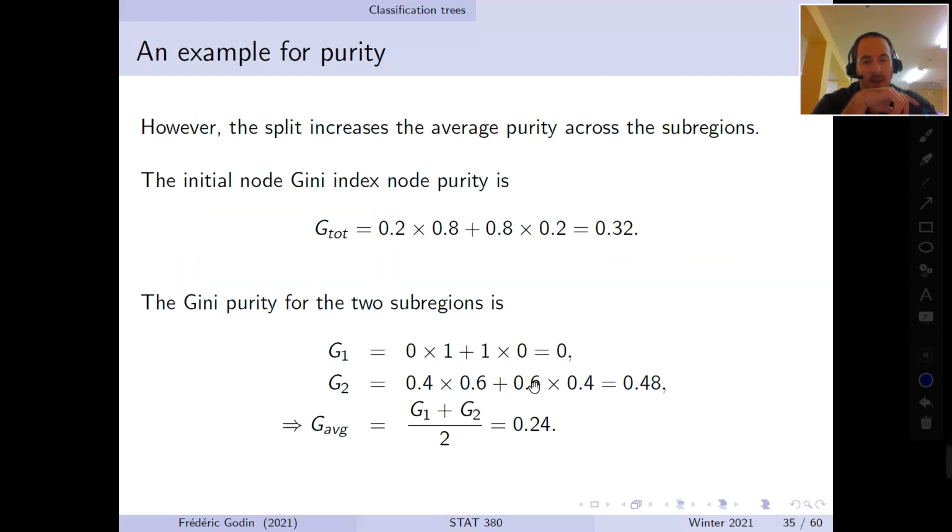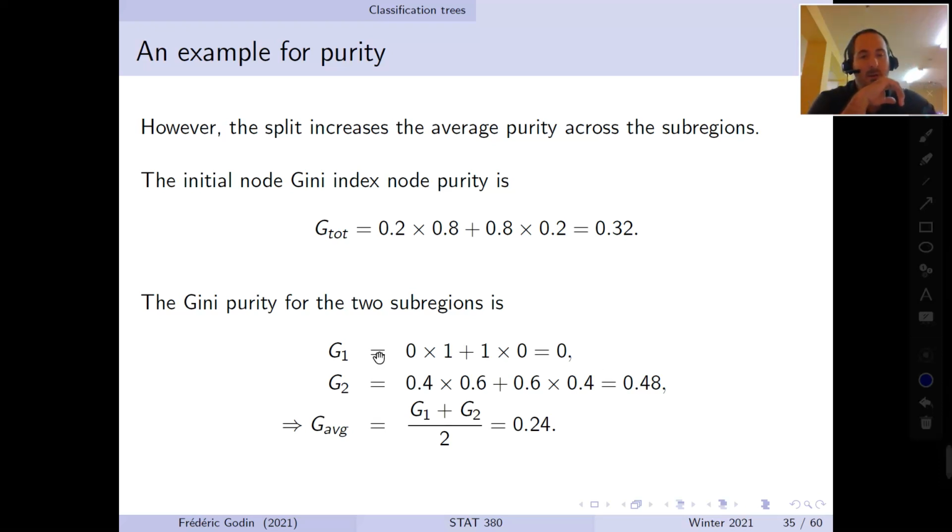Okay, so if we calculate that, this is 0.48. And the weights here for G1 and G2 would be 50%, because recall that the pi's we had earlier are simply, within the aggregation, the proportion of observations in each subregion.